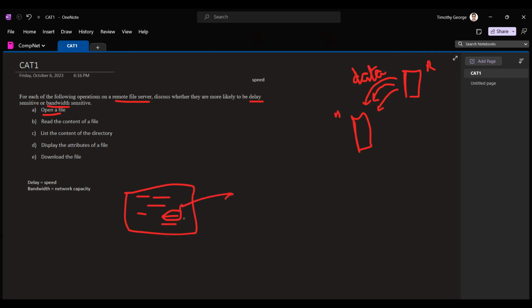Are you looking for the contents of the file? No, you don't need the contents. All you need is the directory, whatever directory it's from. You just need to transfer that information from the remote to the host. So you're not really looking at capacity. It's more dependent upon the speed.